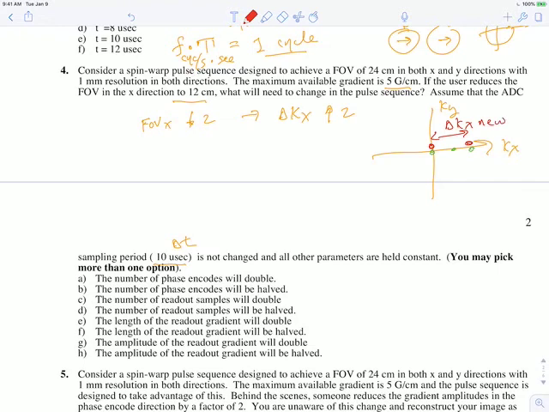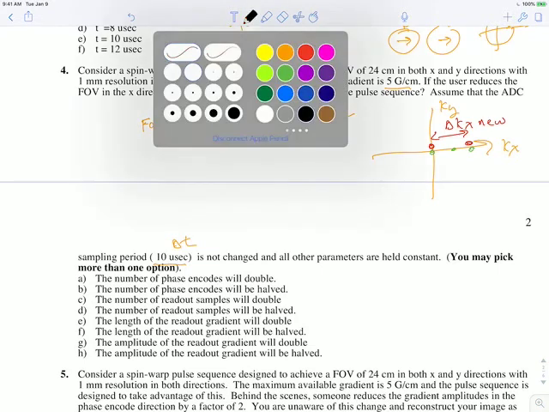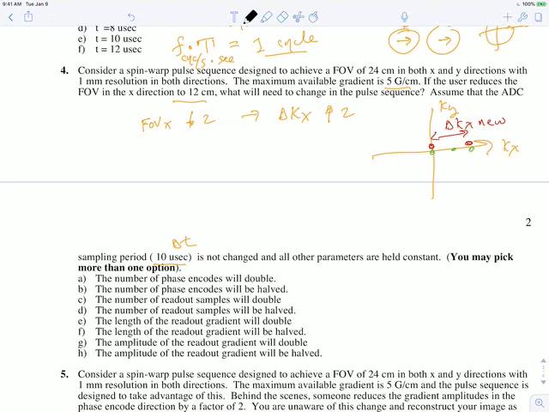All right, so that's one thing. And then I haven't changed my resolution, right? Or has my resolution changed? Let's ask about resolution. It says nothing else has changed, so the question is, did the resolution change?